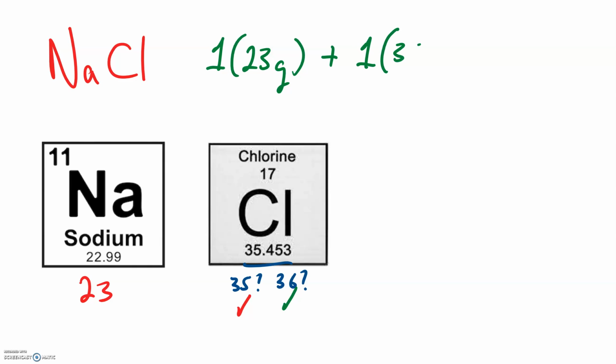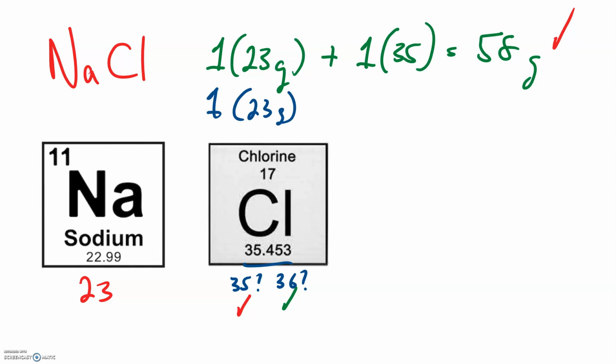And if you rounded it to 35, you would get a molar mass of 58 grams. And that is correct. If you were going to round that to 36 grams, you would get a molar mass of 59 grams, and that is also correct. That's up to you.